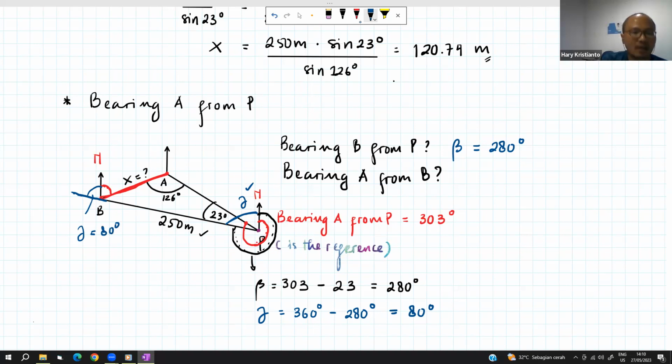Yes, sir. Now, at the same time, I can also calculate this angle, and let me call it angle U. Can you help me to calculate angle U, please? Angle U equals 31 degrees. 180 degrees minus 126 degrees minus 20 degrees.